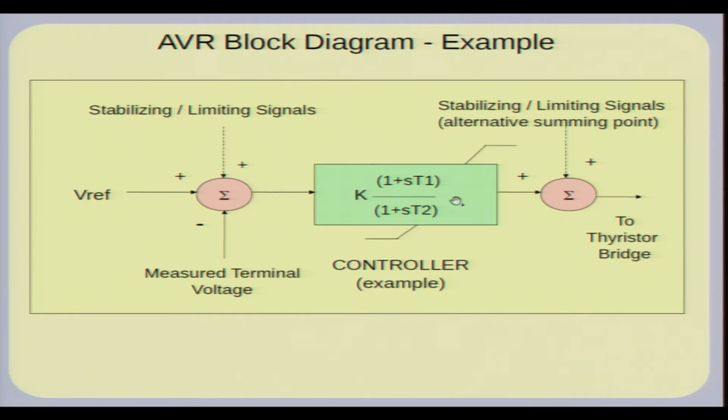We can have more complicated transfer functions so that we achieve the desired transient and steady state responses. Control system design, as you may have done in your control systems course, is essentially a way of controlling a plant, and you need a control algorithm which will give you a good response.